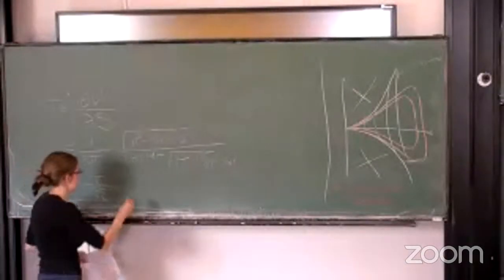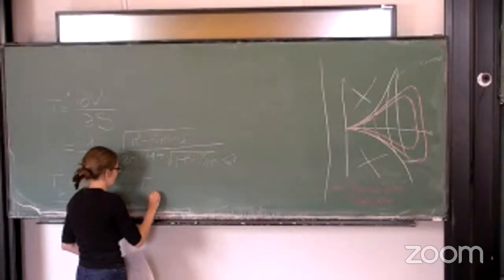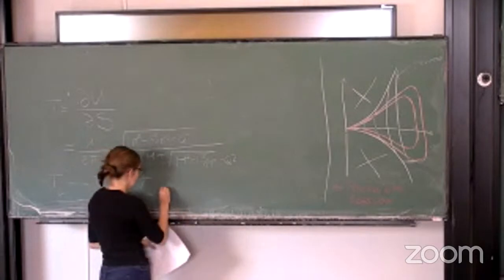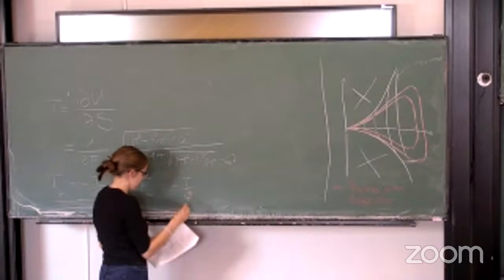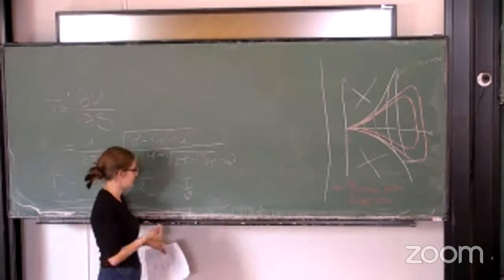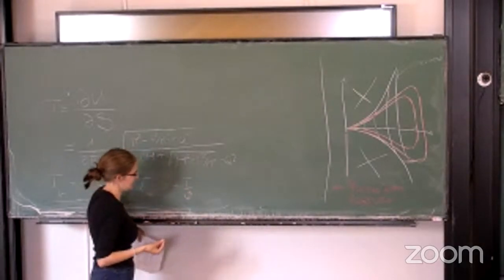distribution in Hawking radiation. And because charge is also conserved, you can do the same thing again, where you get a result where this phi can be physically interpreted as the electrostatic potential.